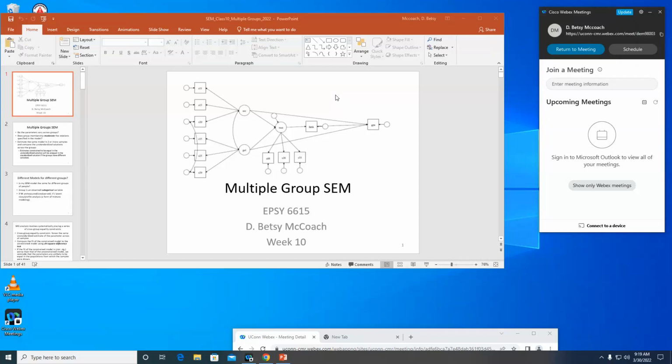Stability is really about the autoregressive paths, and reliability is really about the R squared from the latent variable to the indicator. So stability is this idea of consistency across time, right? And you can think about stability without necessarily imposing these much more stringent constraints of stationarity, right?